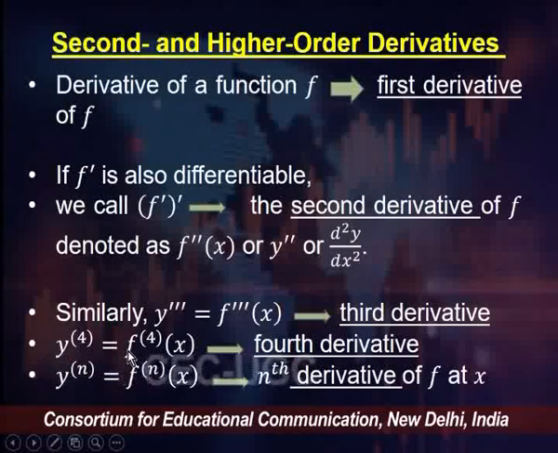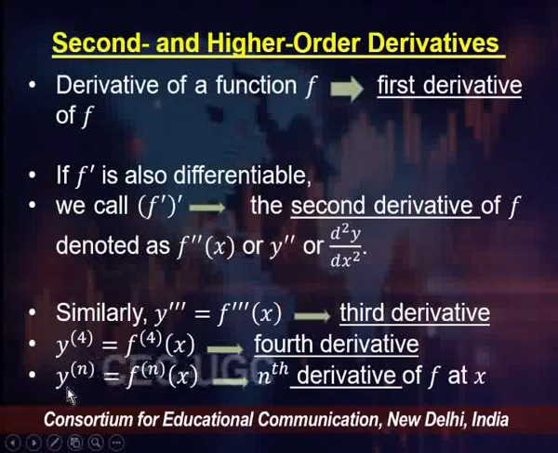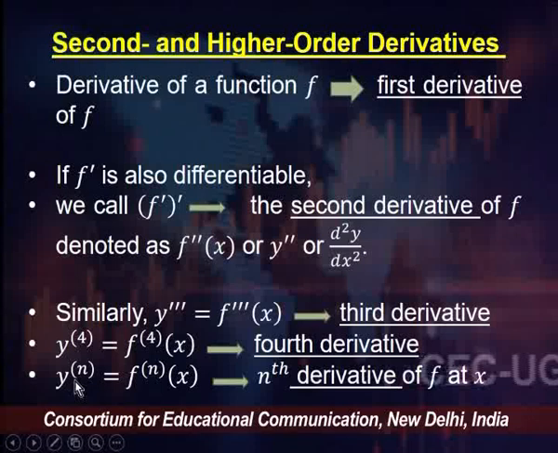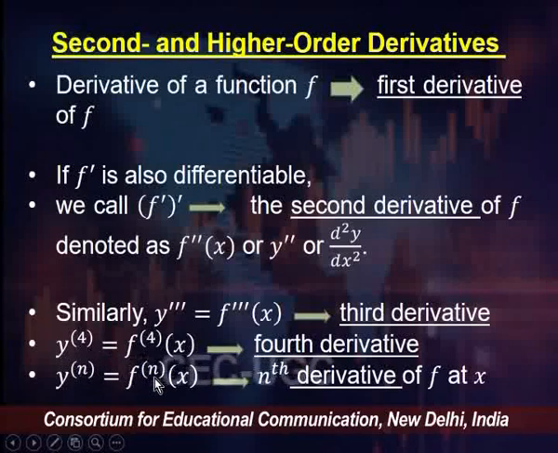In general, for higher order derivatives, we just put a number in parentheses, so that this doesn't look like a power, and y with 4 in brackets would mean the fourth derivative of the function with respect to x. Similarly, the nth derivative would be written as y with n in parentheses, or f^(n) of x.